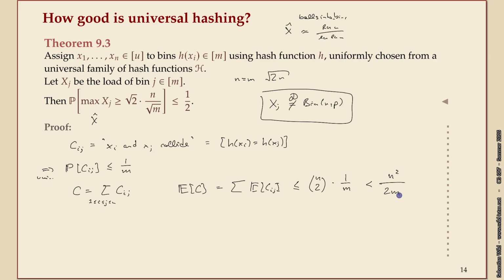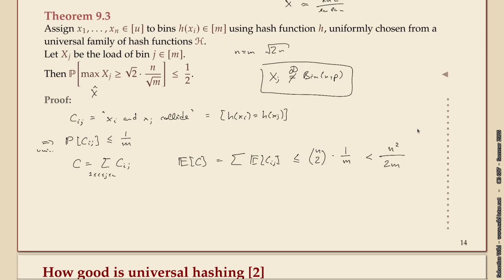Why do we care about collisions? Well, let's also say we have x hat, the number of balls in the fullest bin. All of those balls in that bin obviously collide.